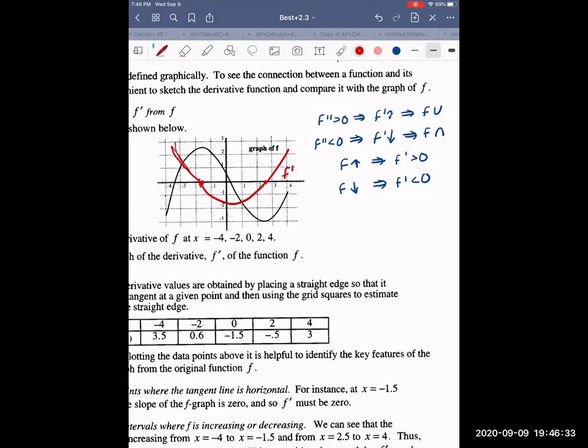It's the derivative function. I know it's some kind of a quadratic. I don't know what its formula is, but that doesn't matter. I've sketched it. That's all that matters, is that you can sketch it. Otherwise, what I would have to literally do is sit there and draw a tangent line to every single point, which is impossible in itself.